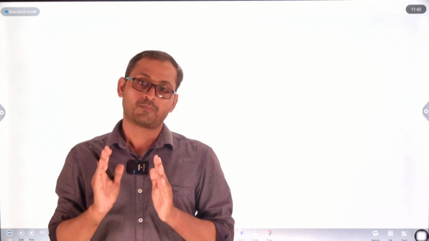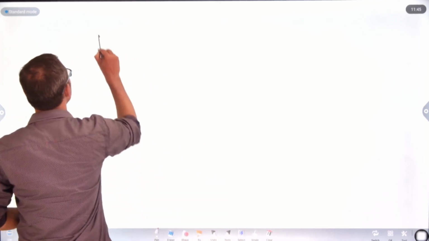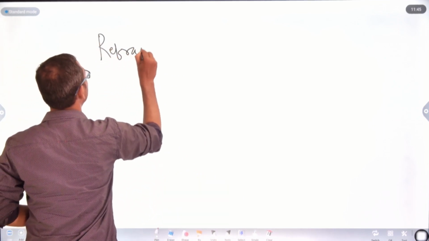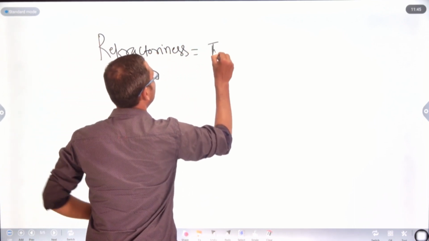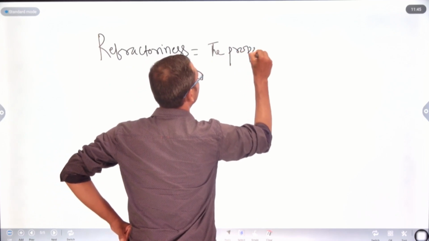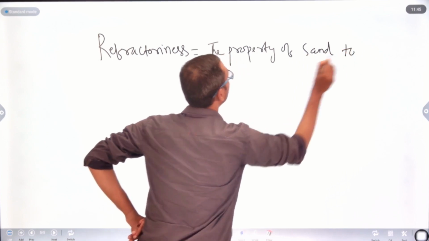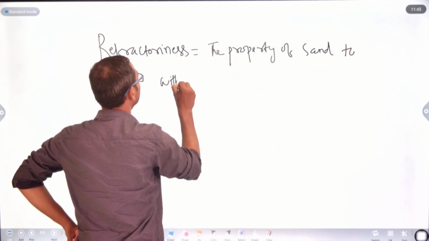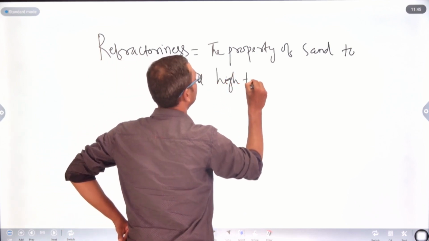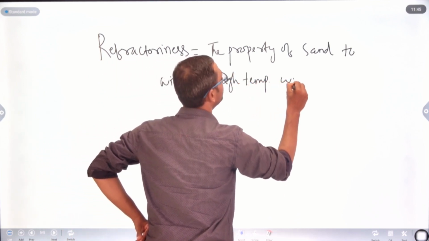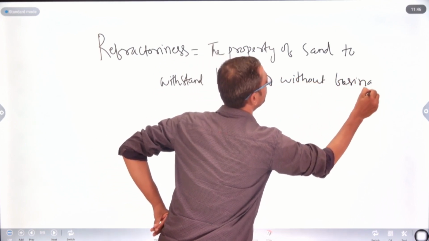So I write refractoriness: the property of sand to withstand high temperature without fusing. This is important, that without fusing.